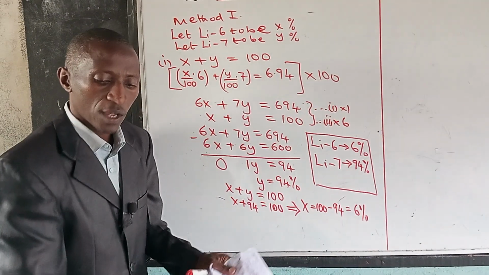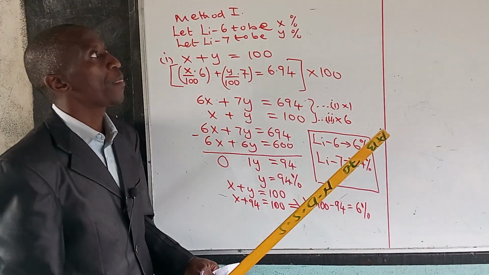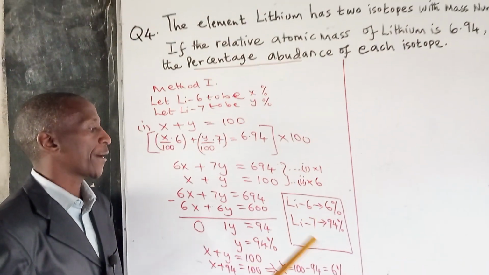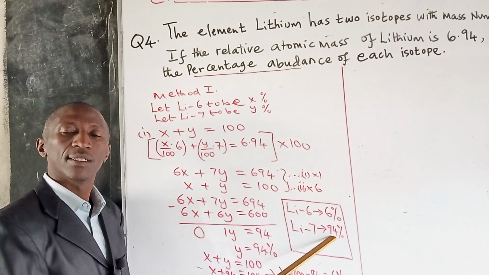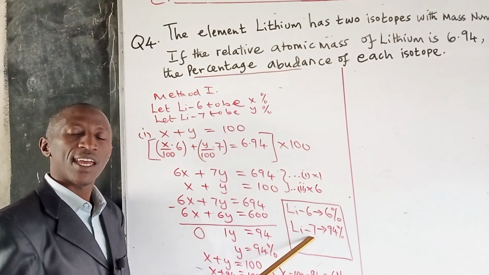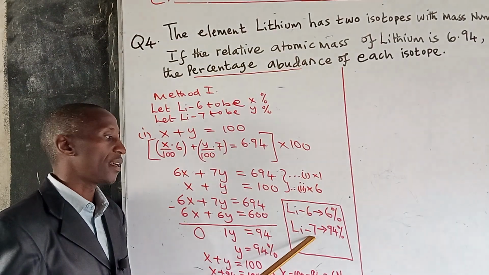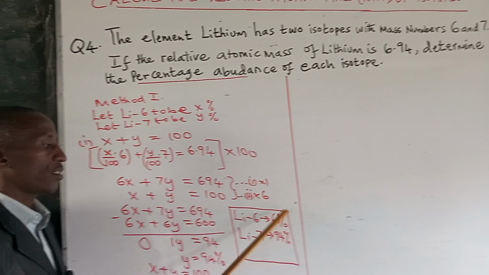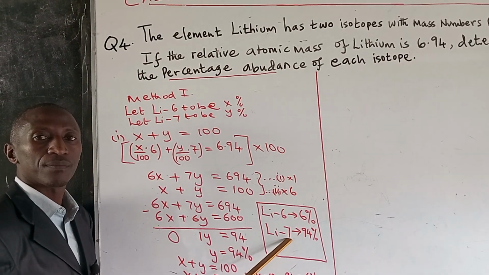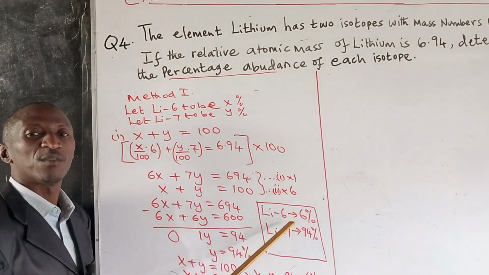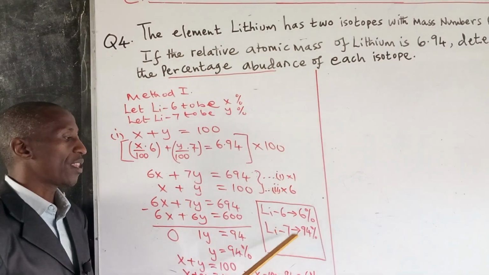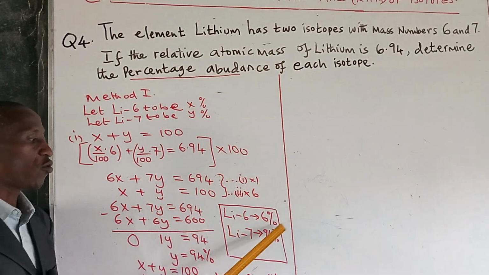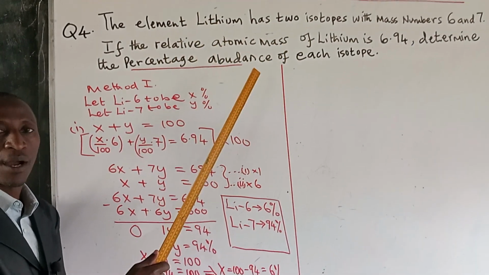Viewers, once more, it is important that we confirm the general principle that we had mentioned earlier, that the more abundant isotope has the RAM being very close to its mass number. 6.94 is closer to 7 and very far off from 6. That means the more abundant isotope has the RAM being closer to its mass number.